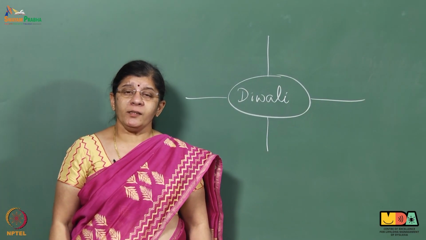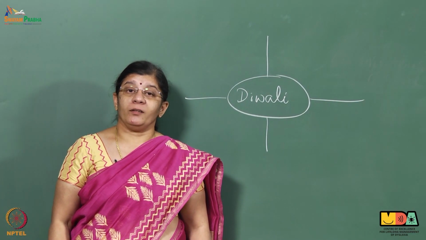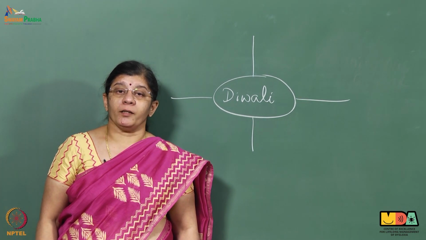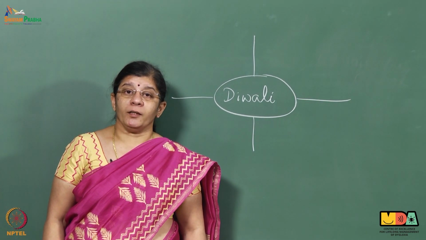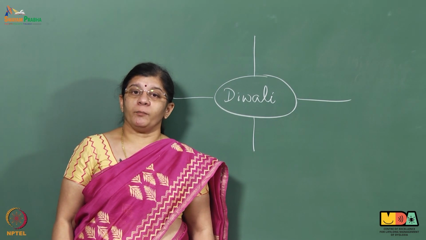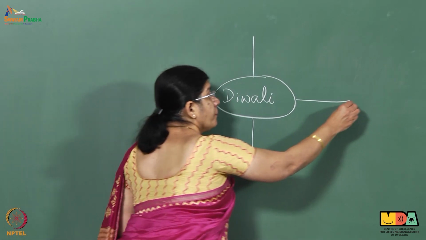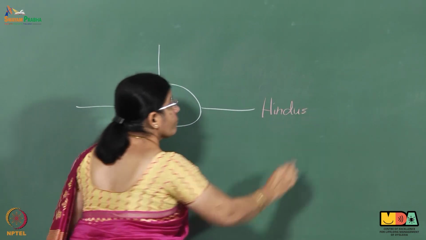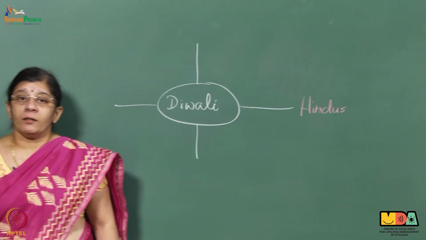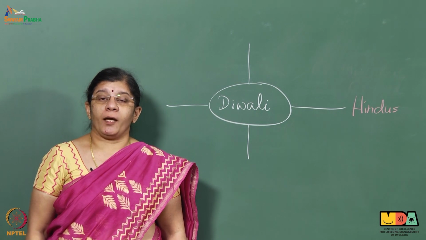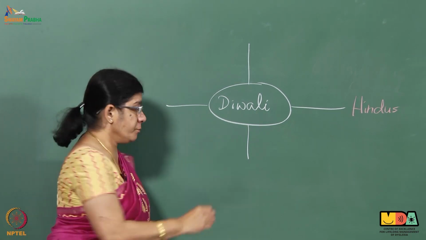Now, let us take a popular topic called Diwali. The child is encouraged to come up with ideas. The first idea the child would come up with is Hindus celebrate Diwali. The second idea would be we wear new clothes and burst crackers.